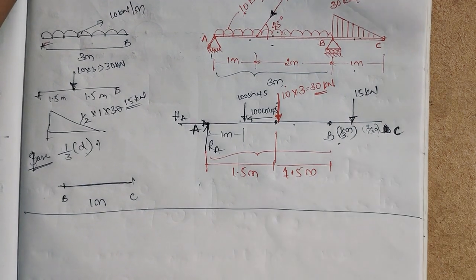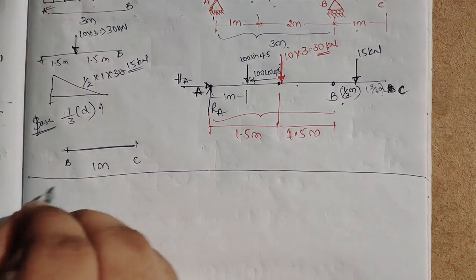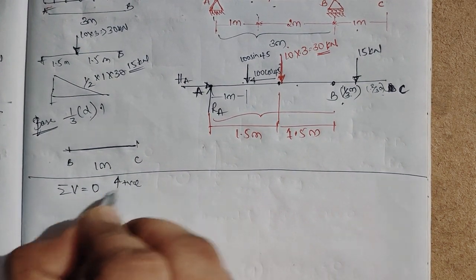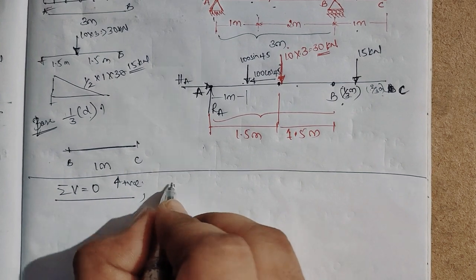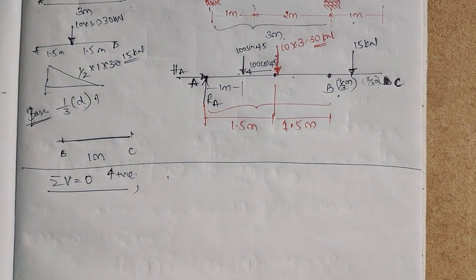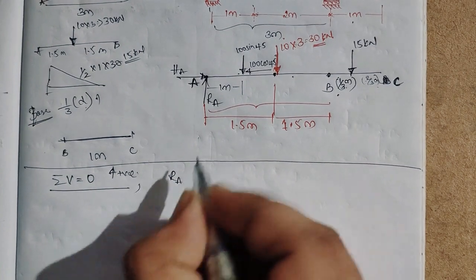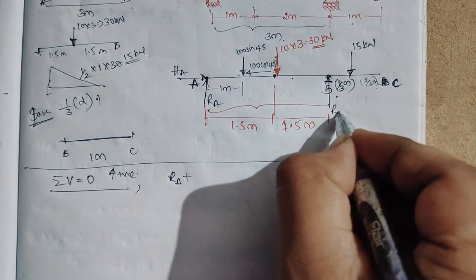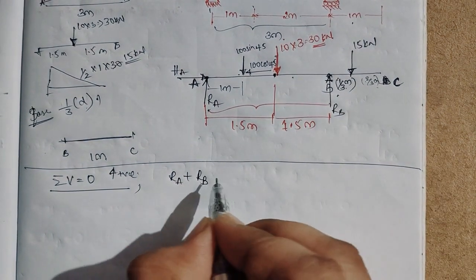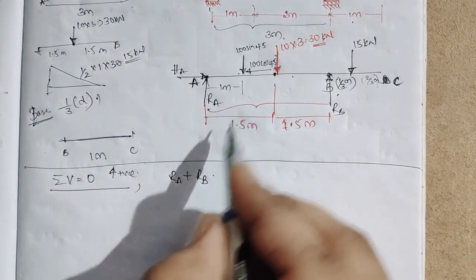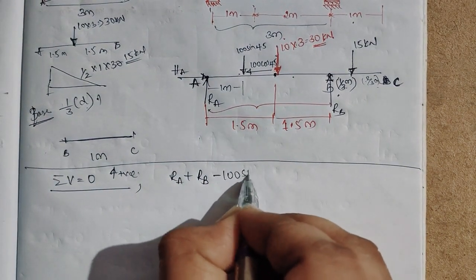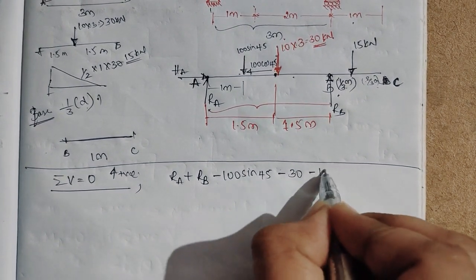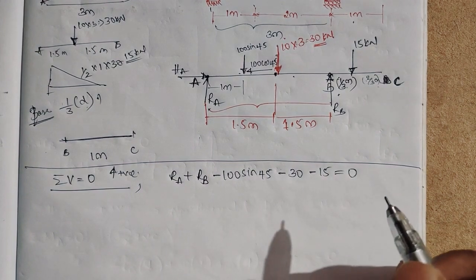Okay, so now I'll continue with my problem. Summation of vertical force equal to 0, taking upward as positive. So what are the upward forces? RA plus RB, then minus 100 sin 45, then minus 30, minus 15 is equal to 0.